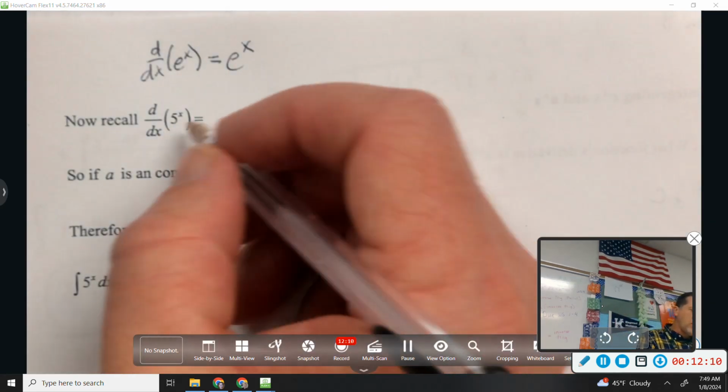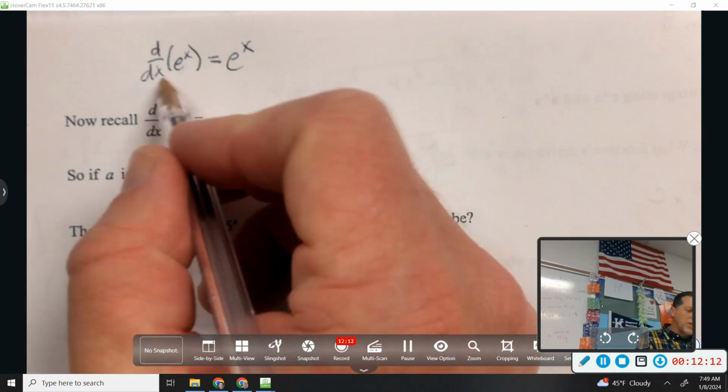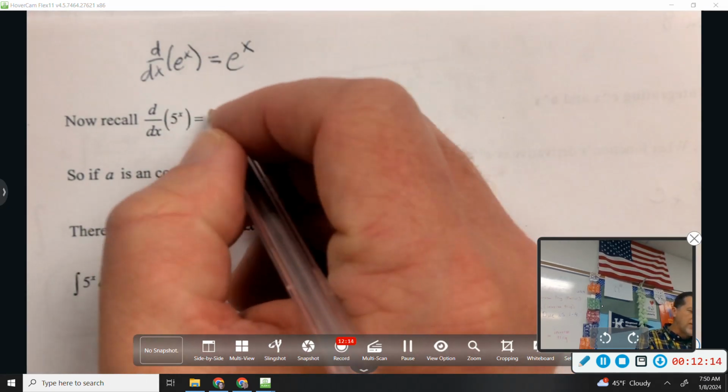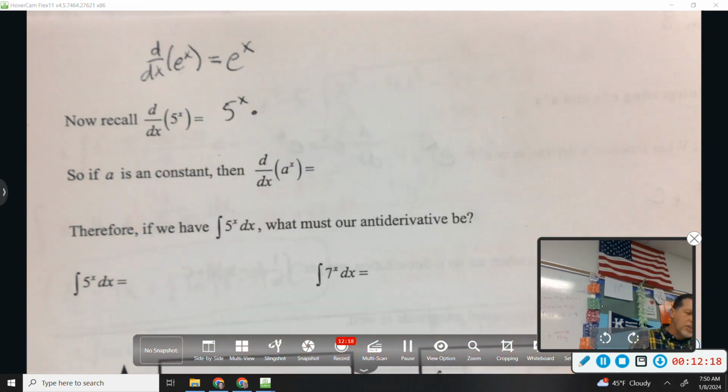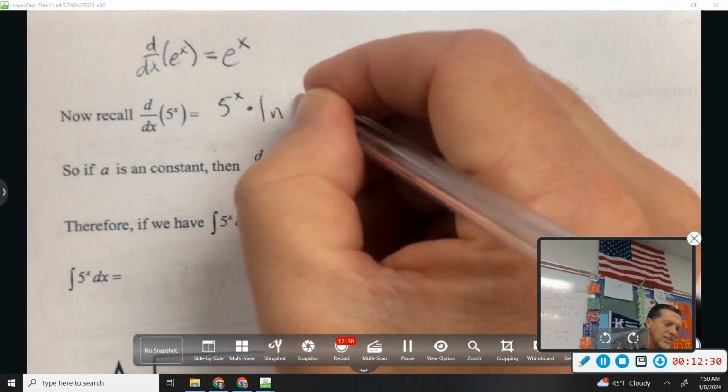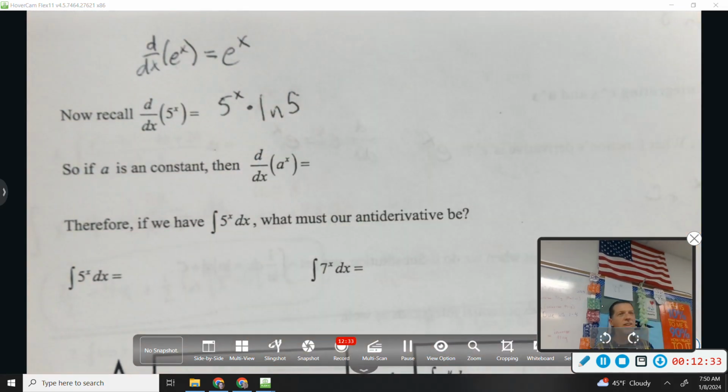Well, the first part is similar to this. The derivative of 5 to the x is 5 to the x, but there's kind of a chain rule thing. We multiply by natural log of 5. That's one we don't use often.